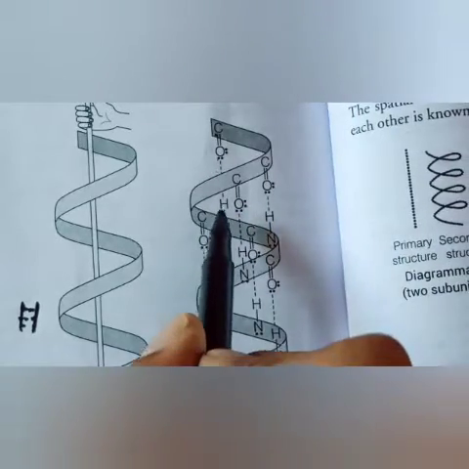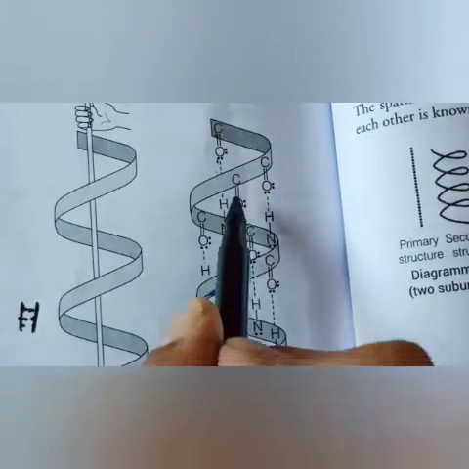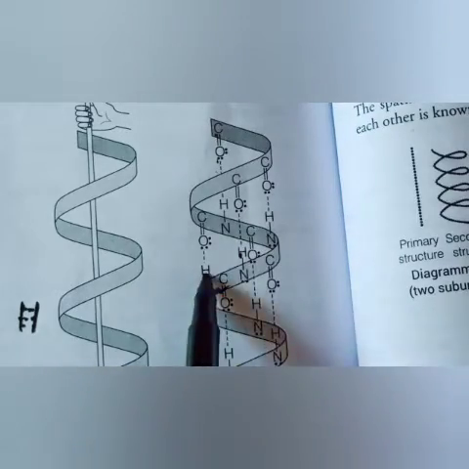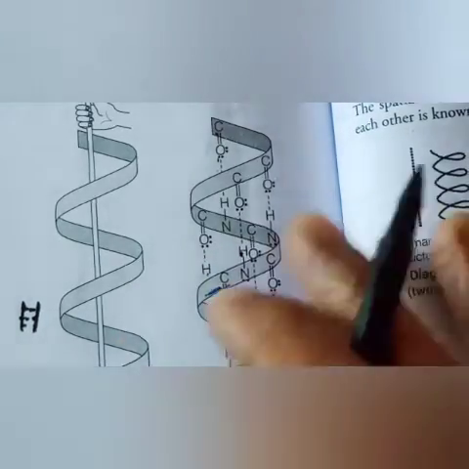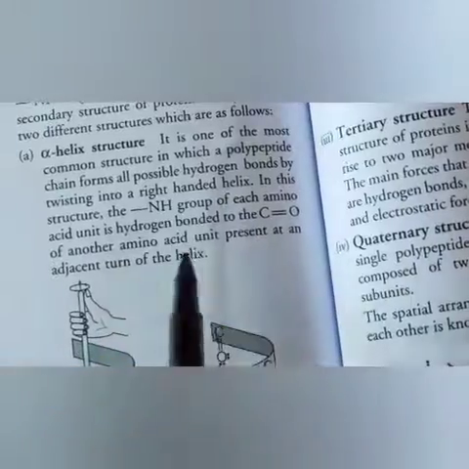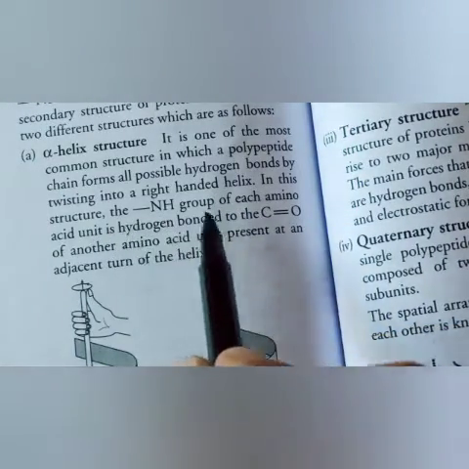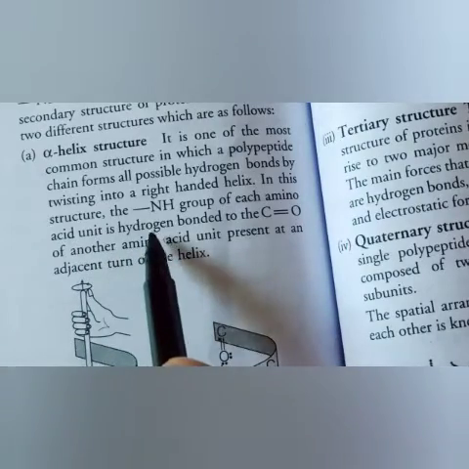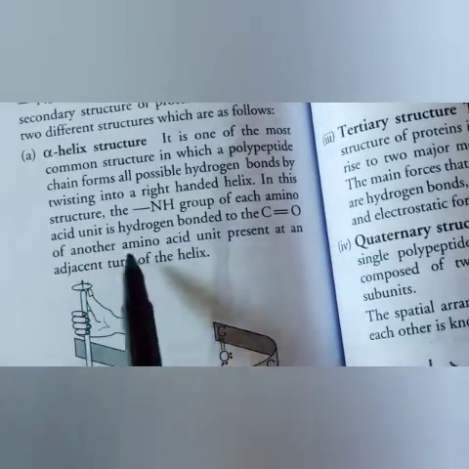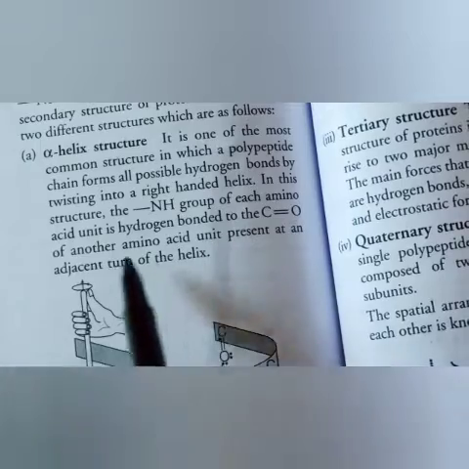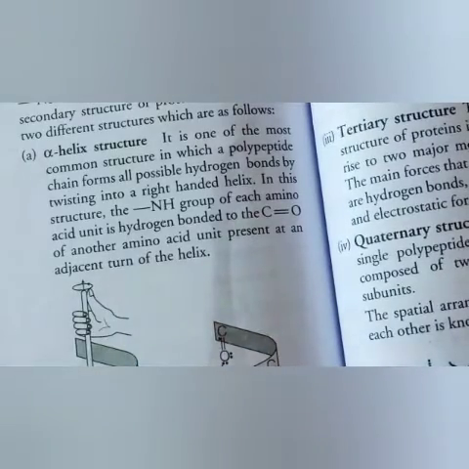So here you can see every H is linked with oxygen, every H is linked with oxygen, and it is sure all the hydrogen will link with C double bond O. In this structure, the NH group of each amino acid unit is hydrogen bonded to the C double bond O of another amino acid, present at an adjacent turn of the helix.